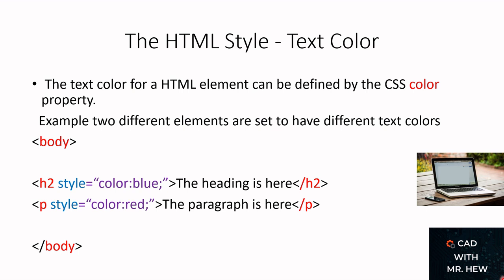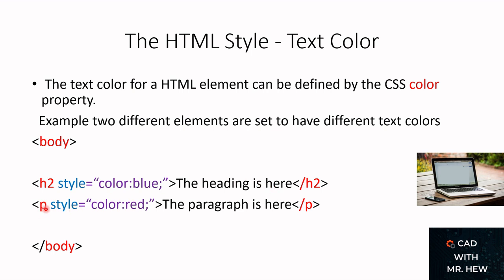Example, two different elements are said to have different text colors. So here we have the opening body tag. Then we have, for example, the heading with style equal to open quotation color colon blue semicolon close quotation, and the color that will be applied to this heading that says the heading is here will be blue when it is displayed on the web browser.